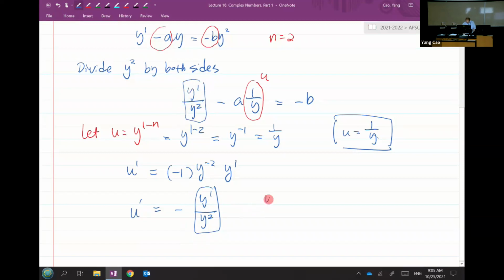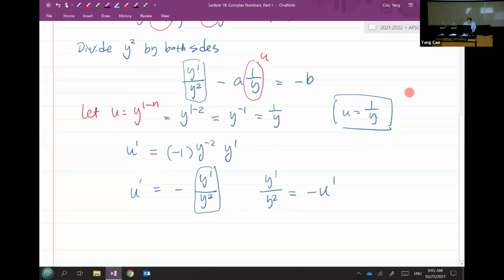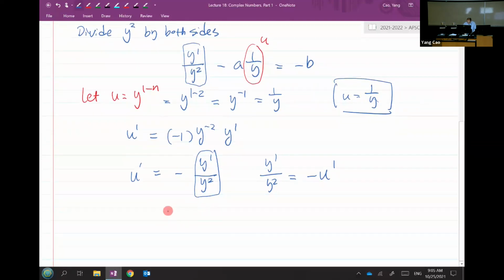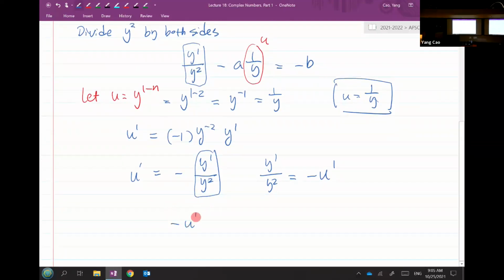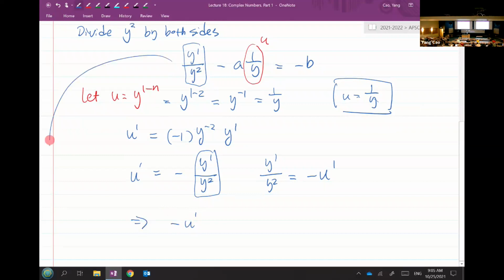So you can substitute y prime over y squared with negative u prime. Then the original differential equation is transformed into negative u prime minus a u equal to negative b.